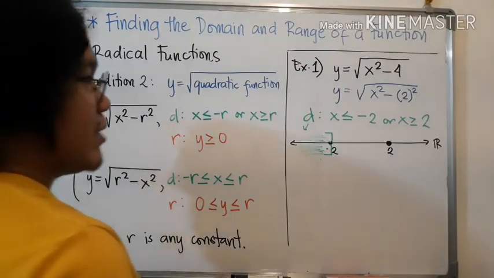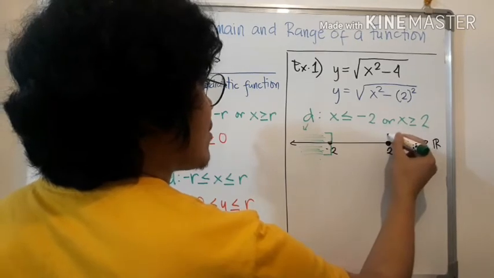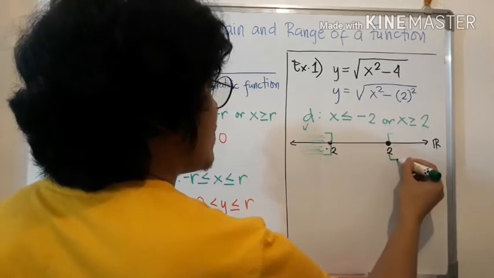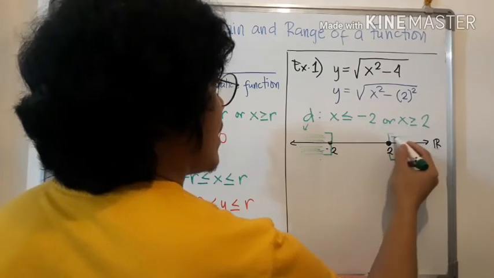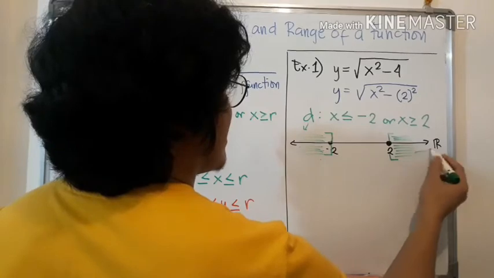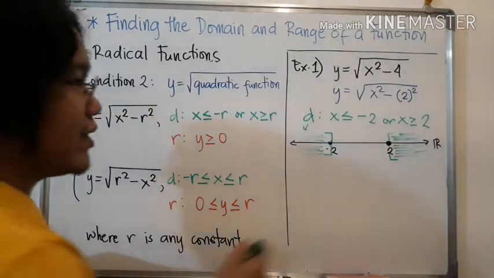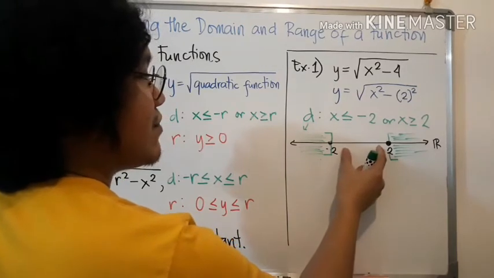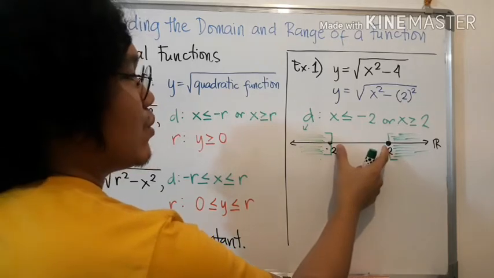And likewise, all x values such that x is a real number greater than or equal to positive 2 are also included in the domain. Except for the x values greater than negative 2 and less than positive 2.